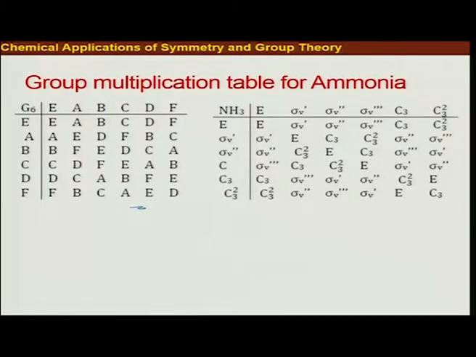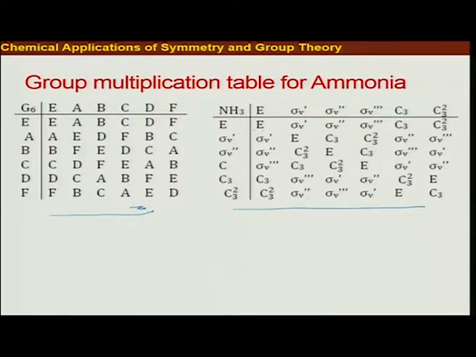So we took an example of ammonia, which has an order of 6, and that should have one-to-one correspondence with the G6 that was formed in an abstract way. So we showed the similarity, and in this way, if I know about different G1, G2, G3, G6 and their various possibilities, then one can easily form the group multiplication table for a given molecule.